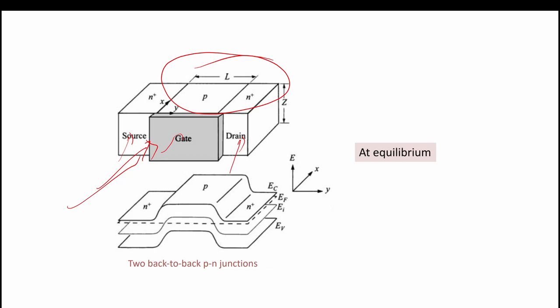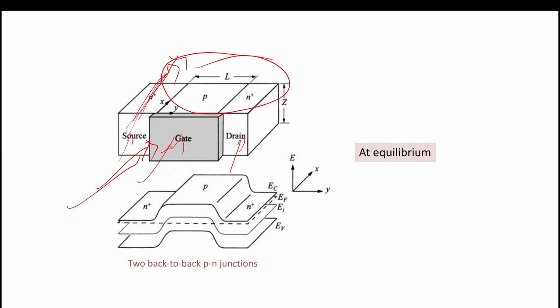Here it is very short actually, so the N plus plus is not too deep in the X direction. This N plus plus is not too deep, because if it were deep, there would be crosstalk, or some other effects would come into the picture. Okay, and this is the gate.